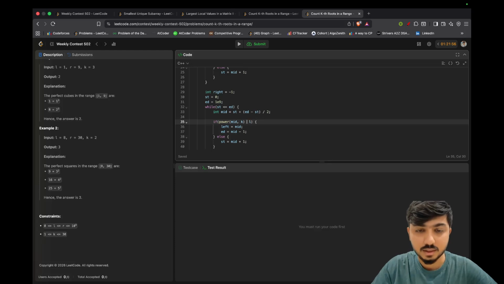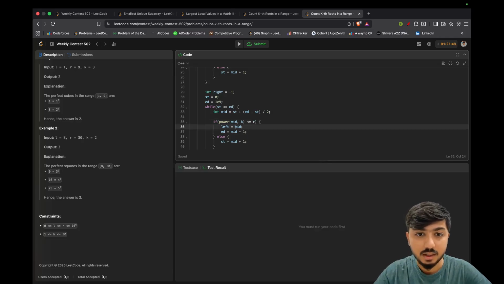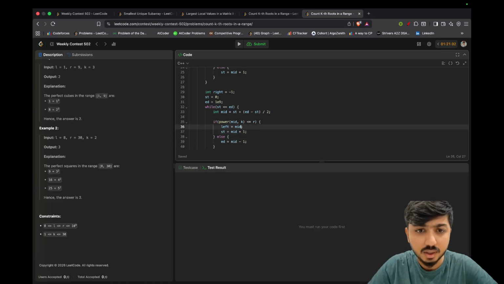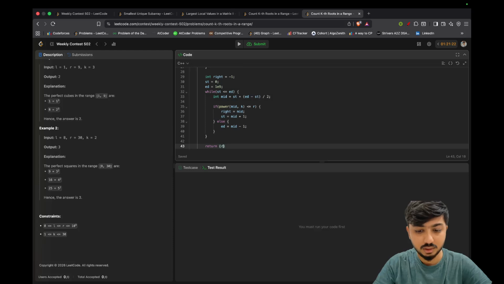And this is less than equal to R, then start is equal to mid plus 1 and end is equal to mid minus 1 and right is equal to mid. Yeah, and we return right minus left plus 1.